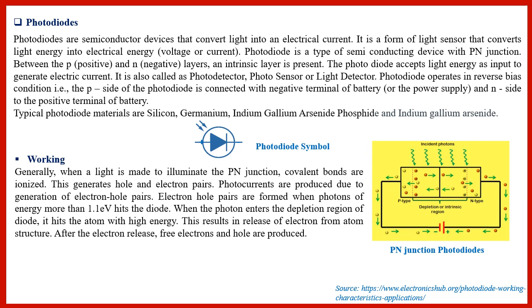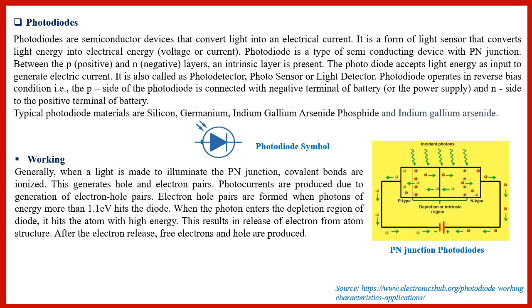Coming to the next slide, which talks about the diode as a photodiode. Photodiodes are semiconductor devices that convert light into electrical current. It is a form of light sensor that converts light energy into electrical energy, using voltage or current.